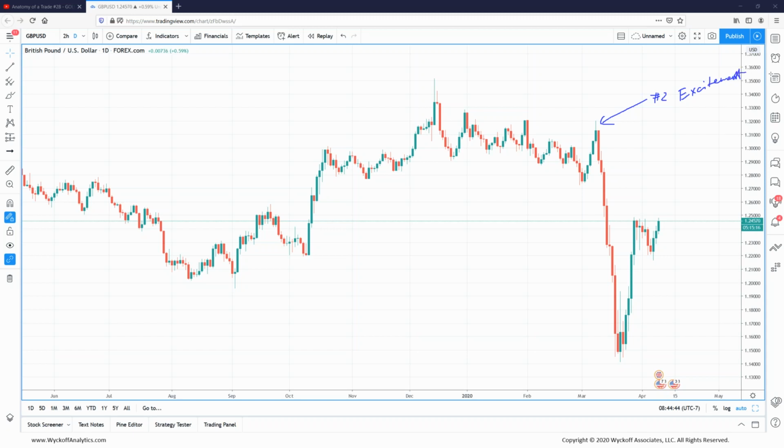And I think that's so valuable, because you can see the weak hands from the early part of March thinking that it's time for the pound to appreciate versus the dollar.